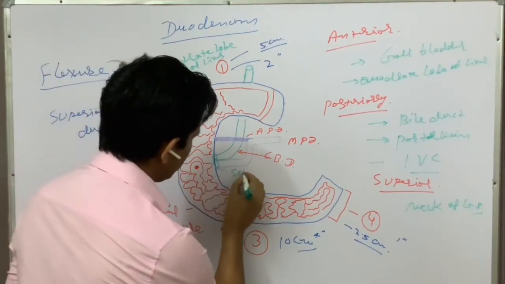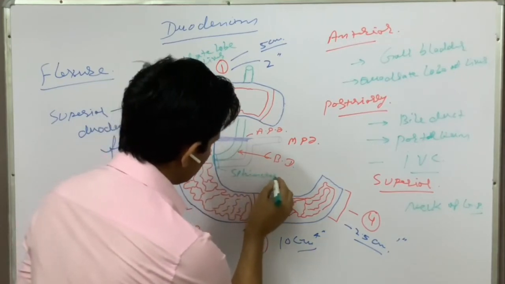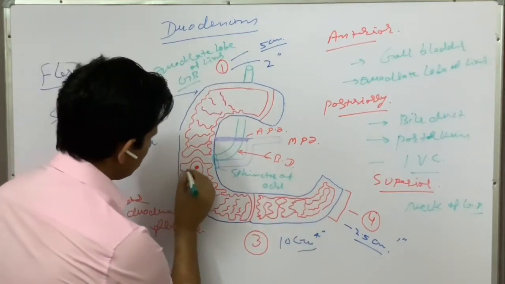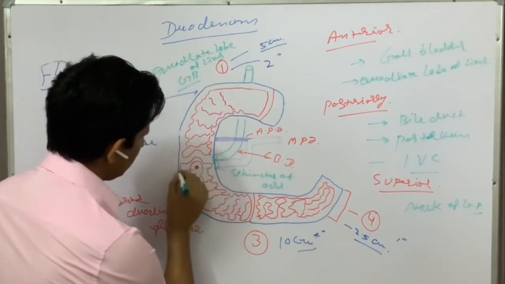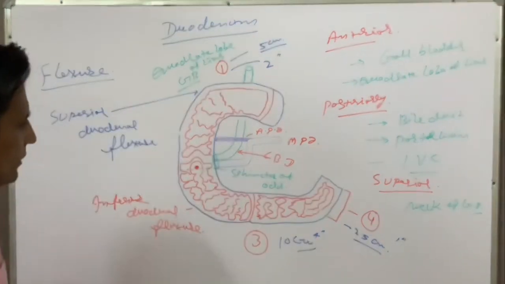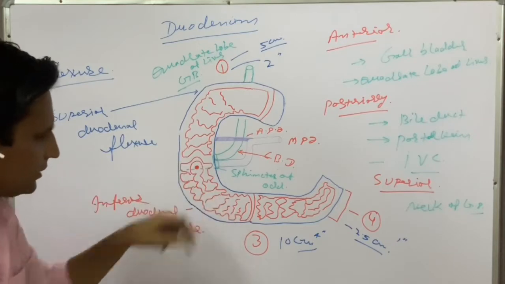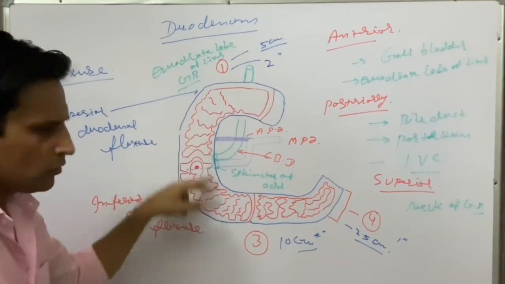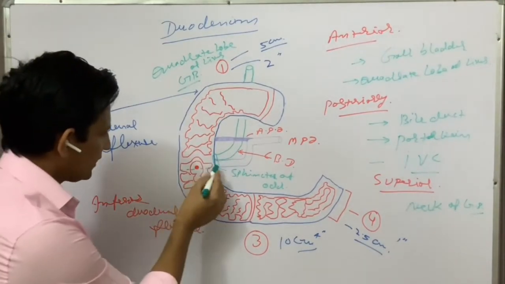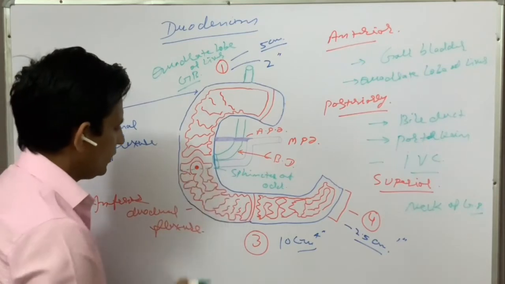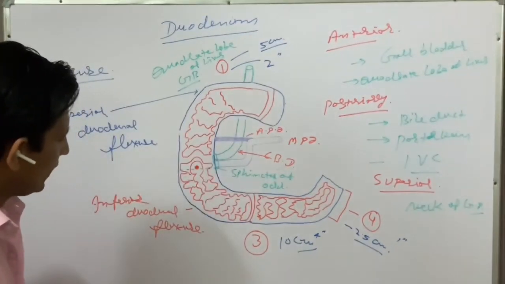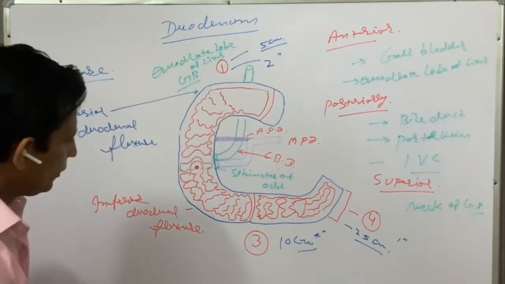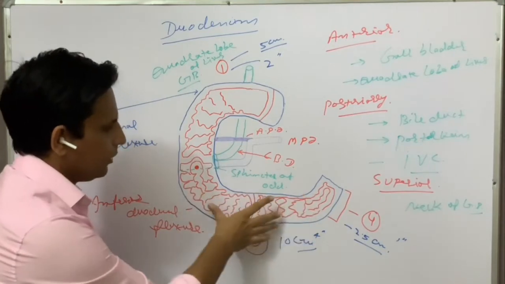Above this sphincter is the landmark, because the duodenum is derived from two different embryological segments. Above this imaginary line we have drawn here, this portion is derived from the foregut, and below this portion is derived from the midgut.